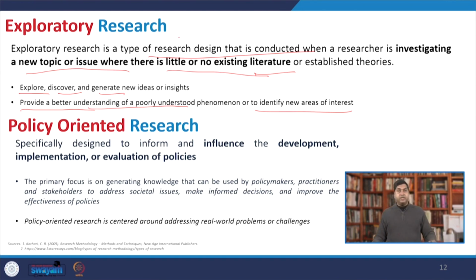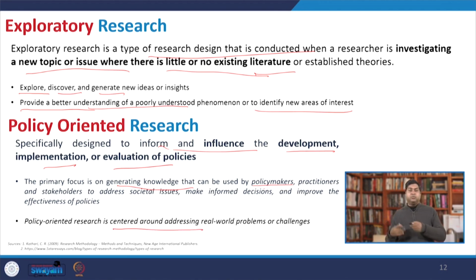Policy oriented research, which is nowadays very important, is specifically designed to inform and influence the development and implementation of different policies. The primary focus is on generating knowledge that can be used by policymakers, practitioners, etc. Policy oriented research is centered around addressing real world problems.